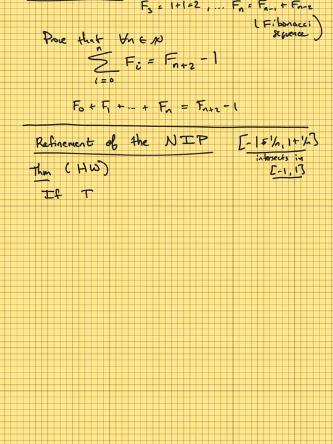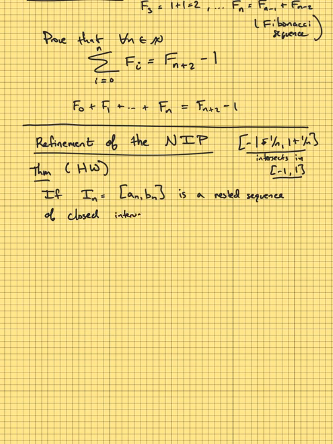So if I sub n, B sub n is a nested sequence of closed intervals. And what I want to say is that the lengths limit to 0.